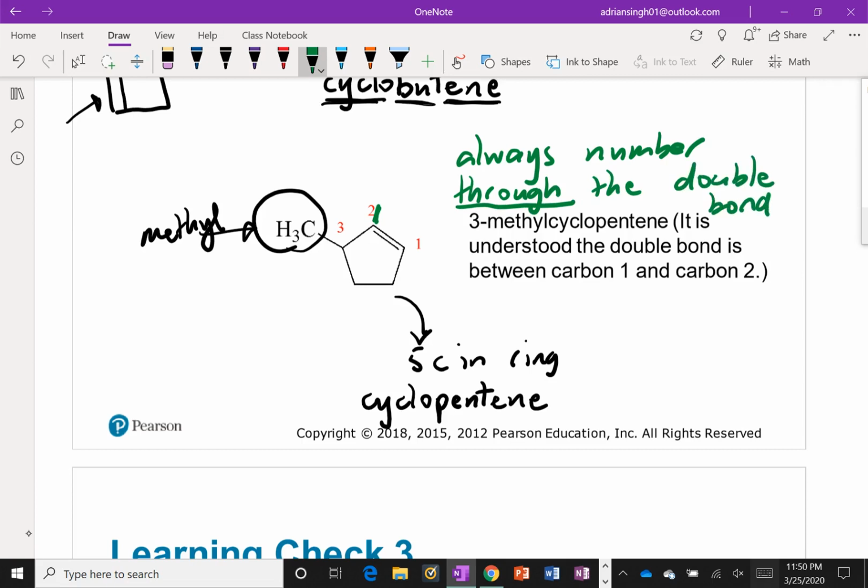In other words, I couldn't go 1, 2 to the left. When you number the double bond, you have to number through it. So if I start here at the top as carbon 1, then I have to go this way. This has to be carbon 2. And then this is carbon 3, 4, and 5.